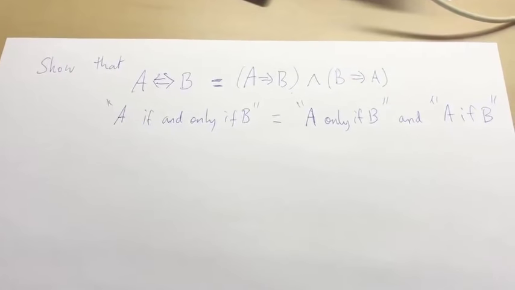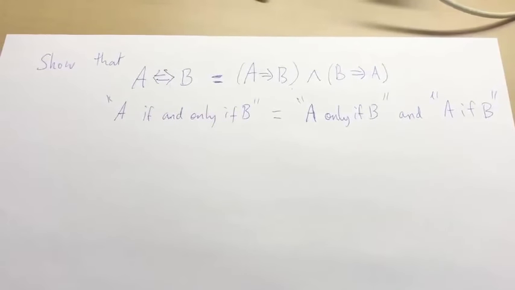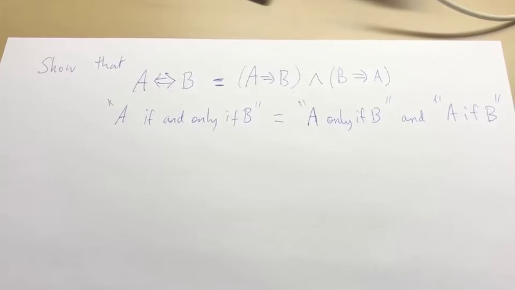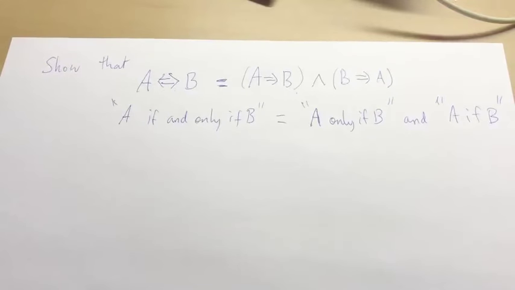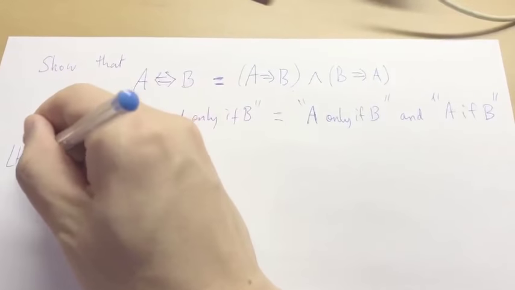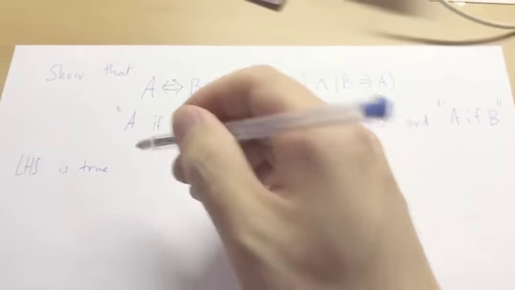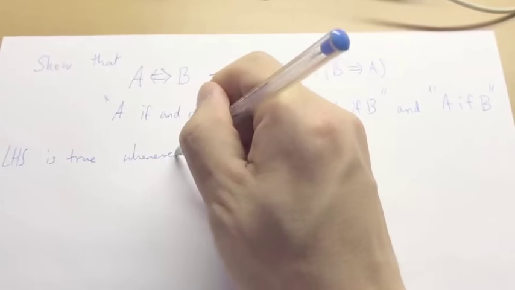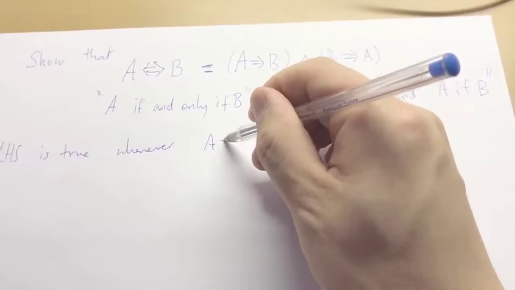So let's look at some situations where the left-hand side is true. The left-hand side is true basically whenever the A and the B are the same.